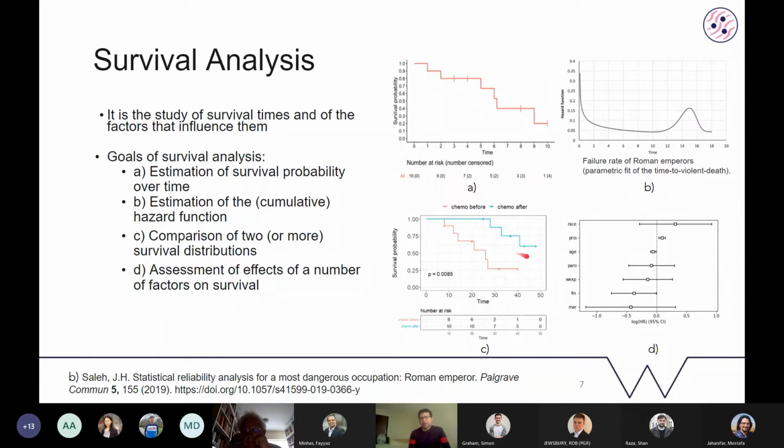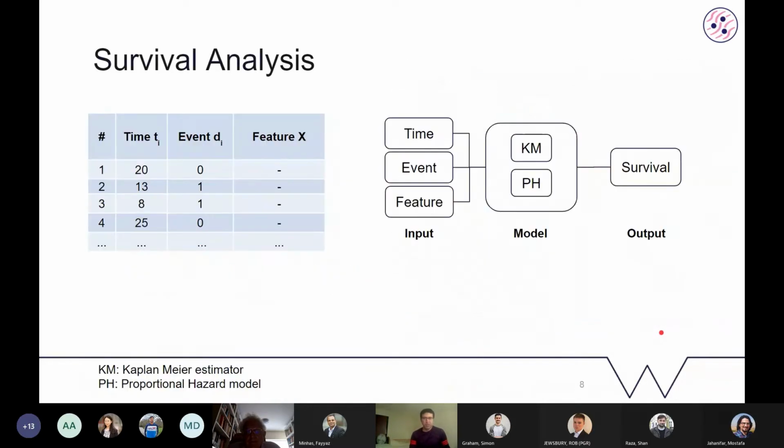We can visually see the curves, and we can quantify them using some statistical test to see if they are significantly different. We can also assess the effect of different features, for example, race, age, etc., on the survival with these hazard ratios we will be discussing later on.